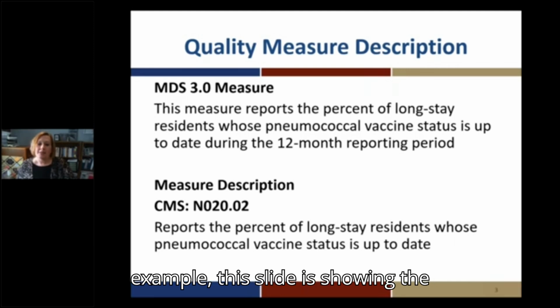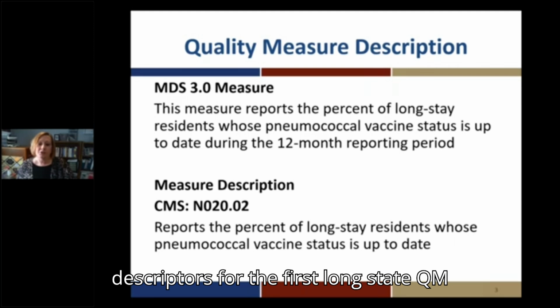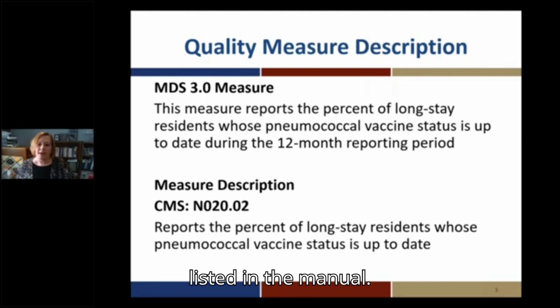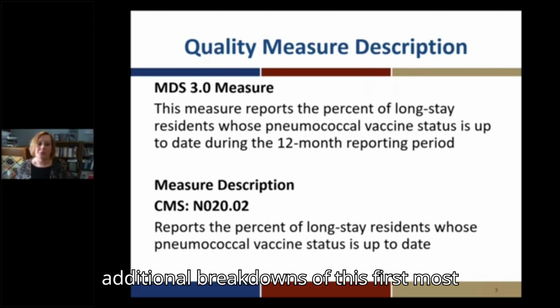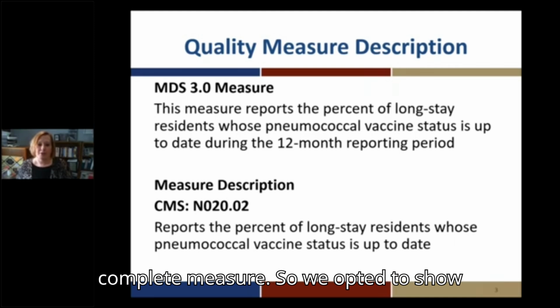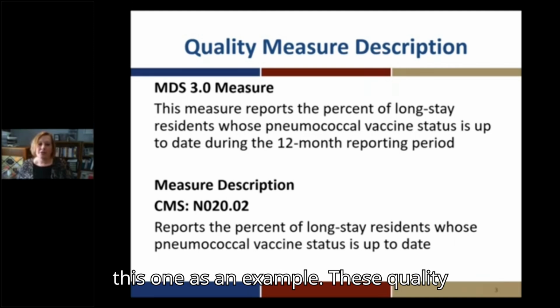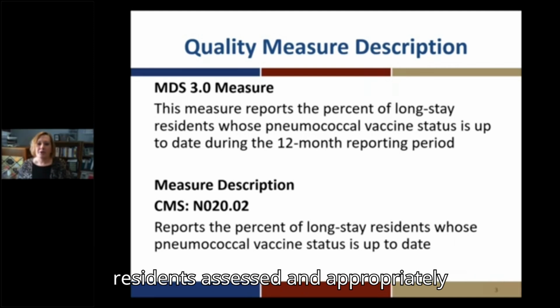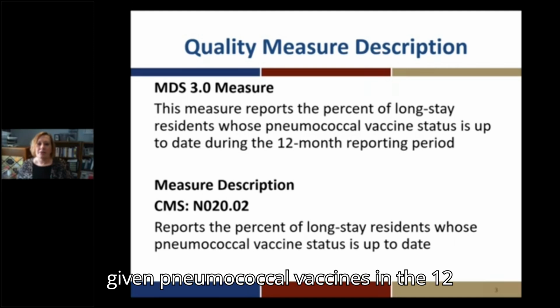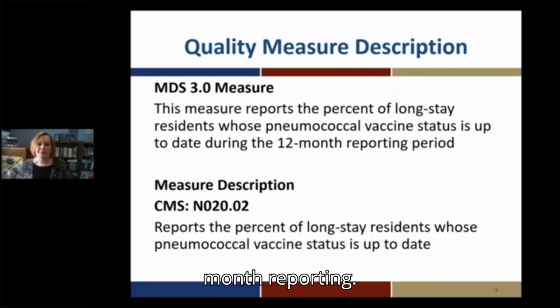As an example, this slide is showing the descriptors for the first long stay QM listed in the manual. The following 3 measures are additional breakdowns of this first most complete measure, so we opted to show this one as an example. These quality measures report the percent of long stay residents assessed and appropriately given pneumococcal vaccines in the 12-month reporting period.